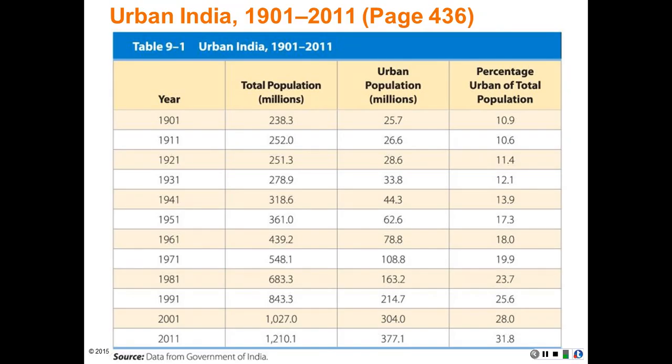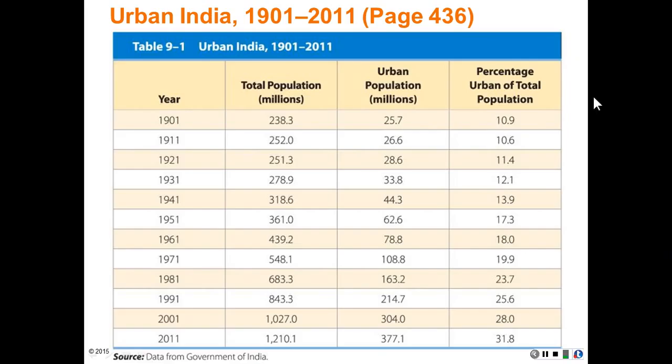This chart from page 436 of your text shows the increase in population total for India from the beginning of the 1900s to 2011. It shows the urban population and a change in percentage of the urban portion of the total population.